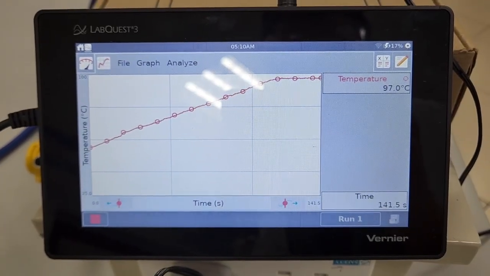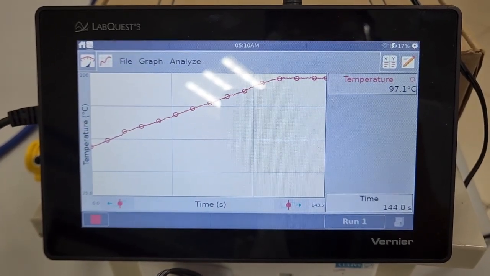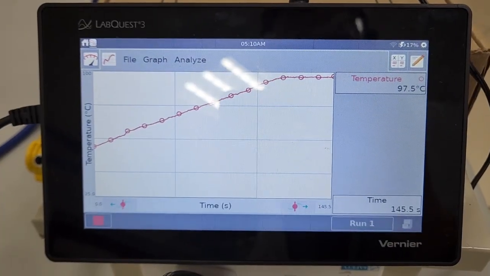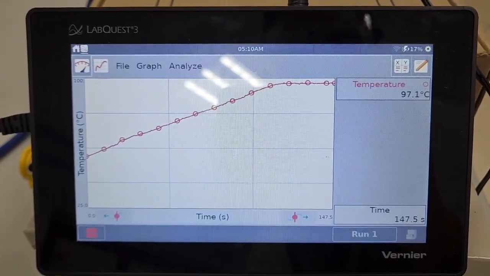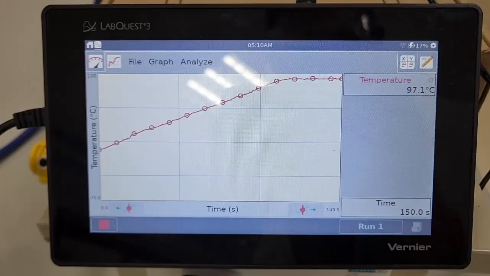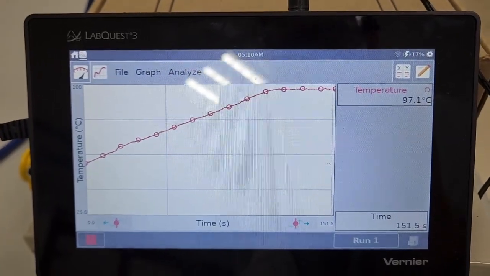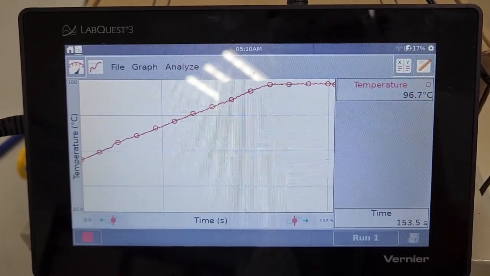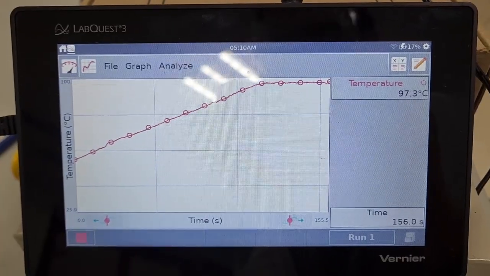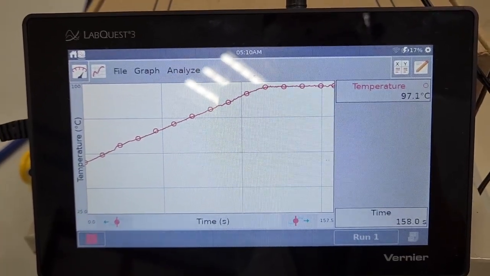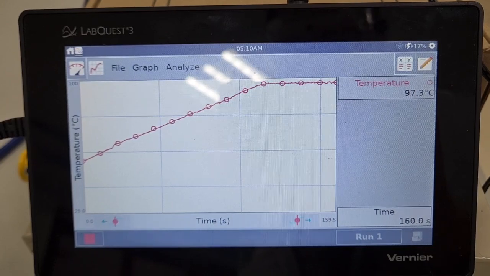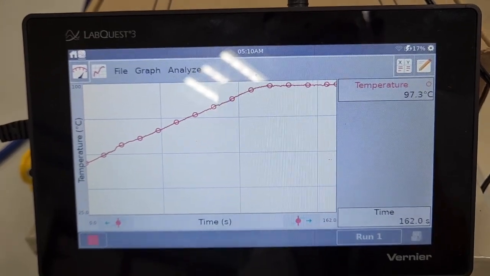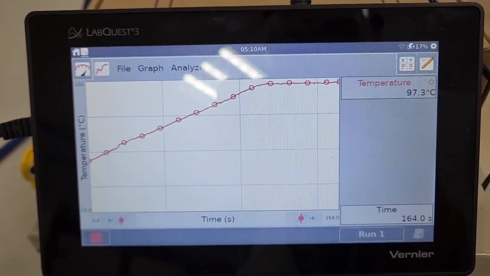The temperature is not increasing beyond 97 degrees. Now, obviously, that should be 100 degrees. We can have a little think perhaps about the reasons why that might not be reading 100 degrees. But hopefully you can see the temperature is not rising, it's staying constant.